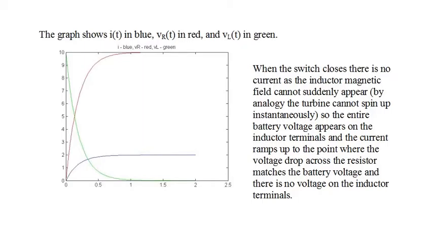The resistor voltage is graphed in red. Since current is 0 at time t equals 0, the resistor voltage is 0 at time t equals 0, and it ramps up with increasing current. The final value of the resistor voltage is 10 volts. The final value of the inductor voltage is 0 volts, and the final current value is 2 amps.